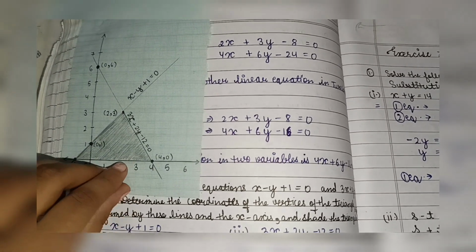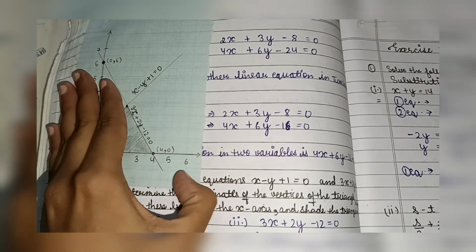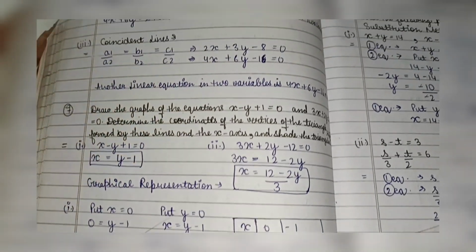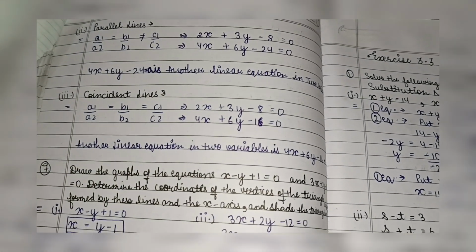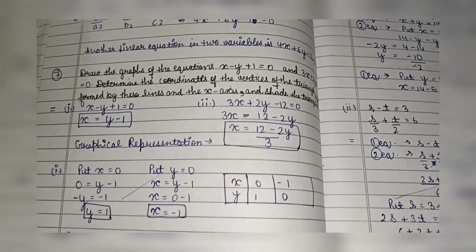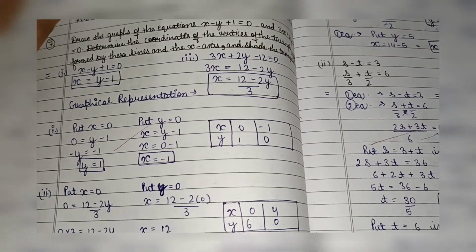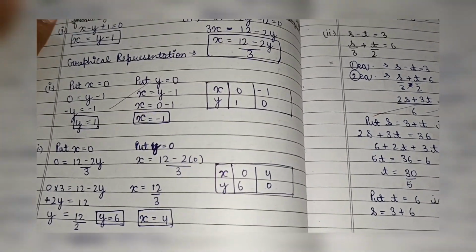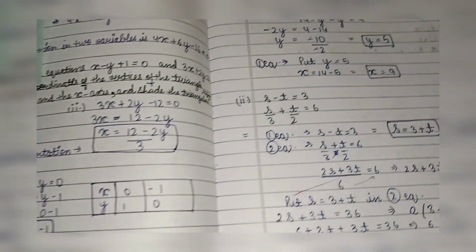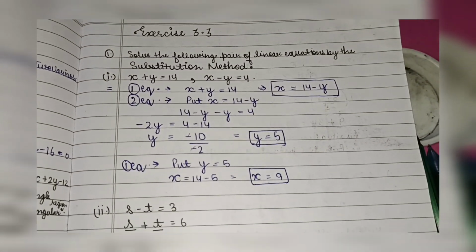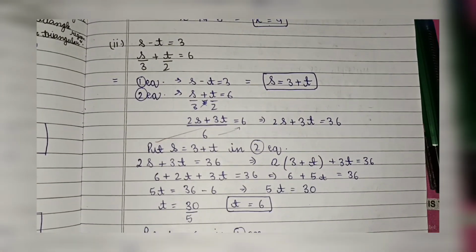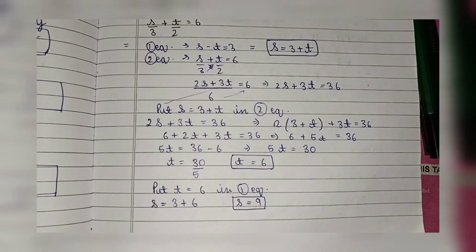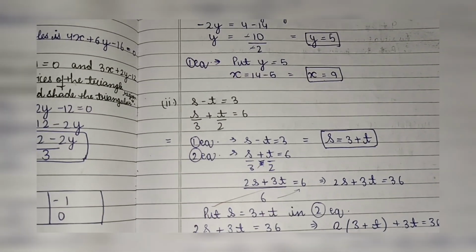So, in this chapter, what do we really learn? We learn how to represent situations using two equations, solve them using different approaches, and interpret solutions as unique, infinite, or none.